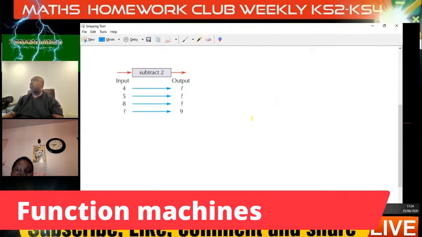Okay, here we go. Right. What's my function here? Subtract 2. Right, so my input is 4. I subtract 2. What do I get for my output? 4 take 2. What is that going to be?